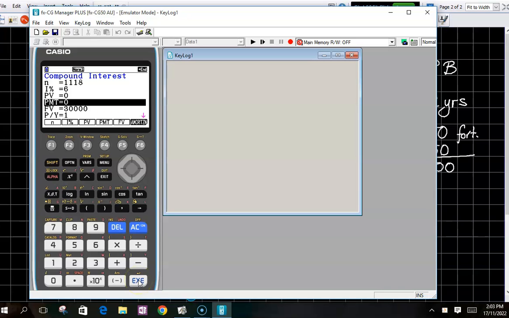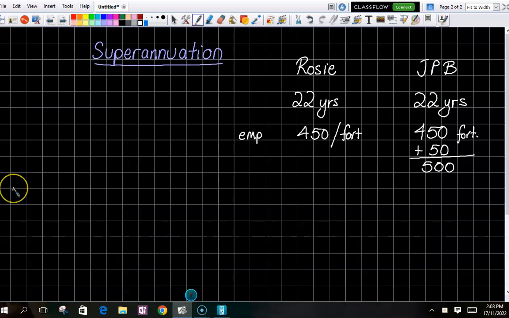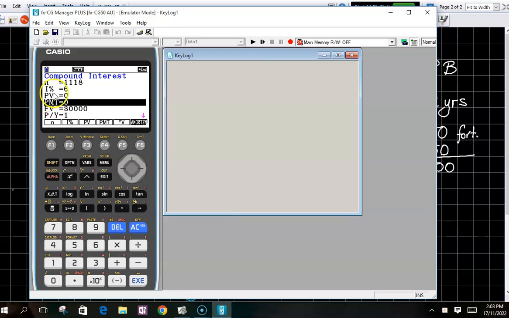So this is Rosie. Are we ready? Rosie is going to contribute $450 a fortnight. Because there's no present value, our payment is minus $450. No future value. How many payments per year is she making?